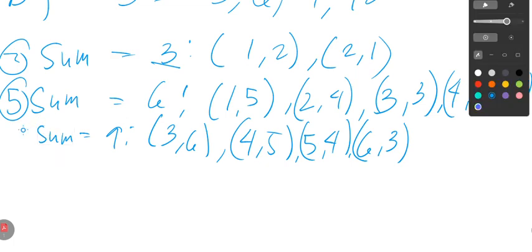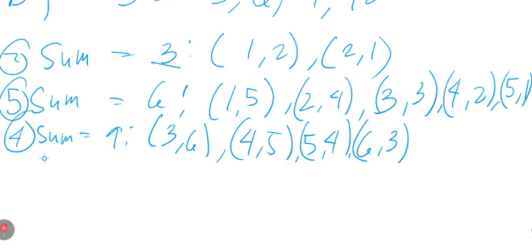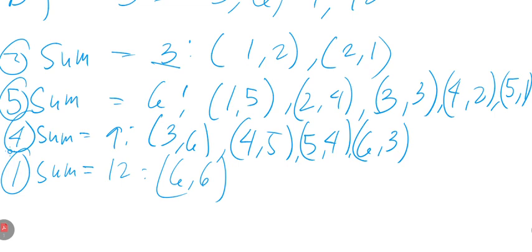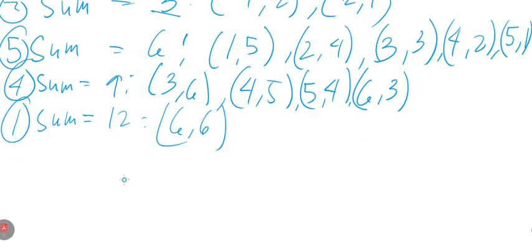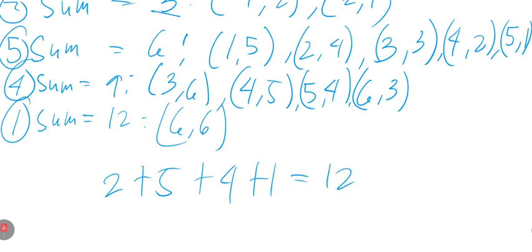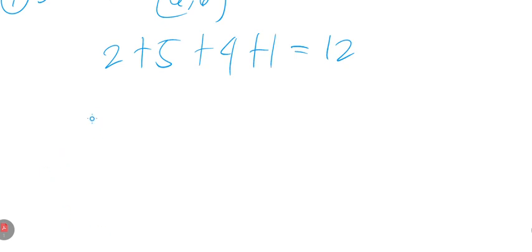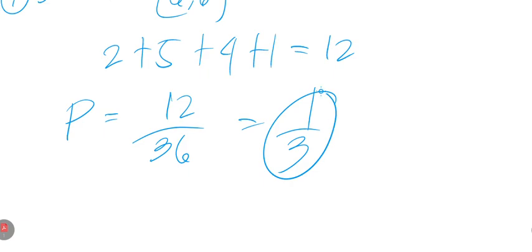Next, the sum of 12 is only 6 and 6, so that's only 1. Adding all the numbers, 2 plus 5 plus 4 plus 1 equals 12. So the probability is 12 over 36, or 1 out of 3.